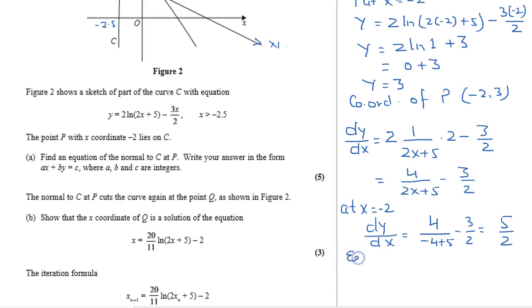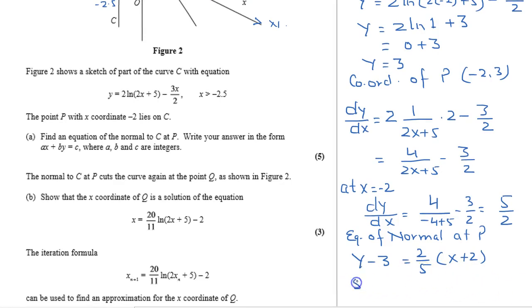So equation of normal at P, y minus y1, which is 3, is equal to minus dx over dy, which is minus 2 over 5, times x minus x1. x1 is negative 2, so it will be positive 2.